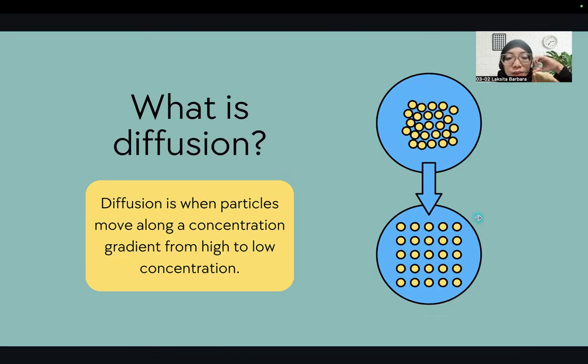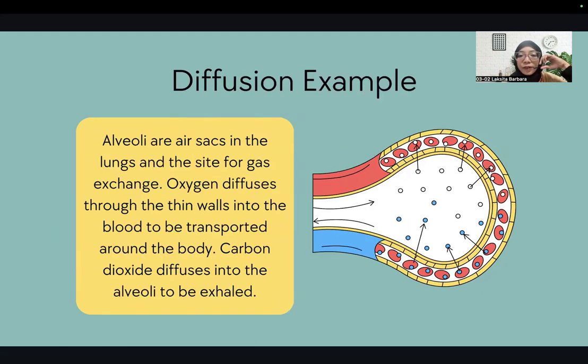So what is diffusion? Diffusion pictures the movement of particles. When particles move from a high concentration to a lower concentration, we call it diffusion. An example of diffusion is the movement of oxygen. Oxygen moves from the alveoli to the capillary vascular inside the lungs, in the respiratory system.